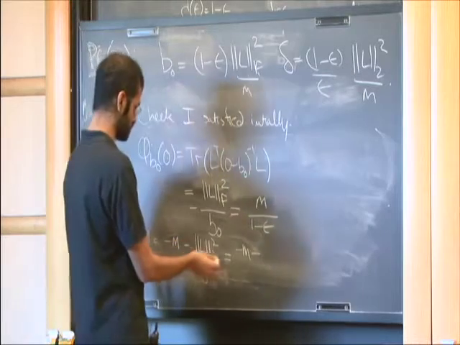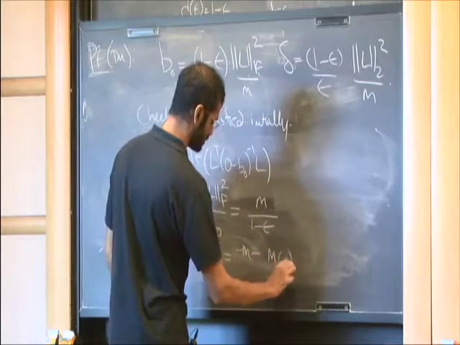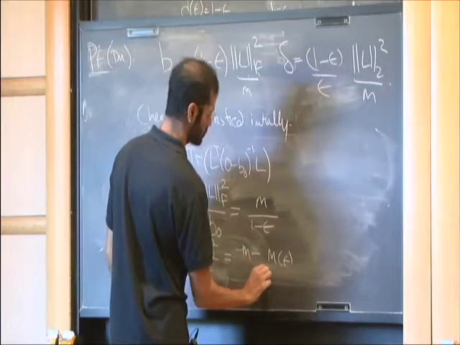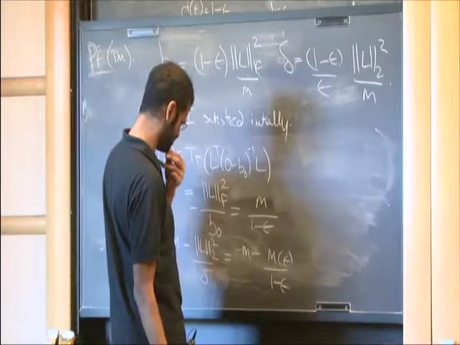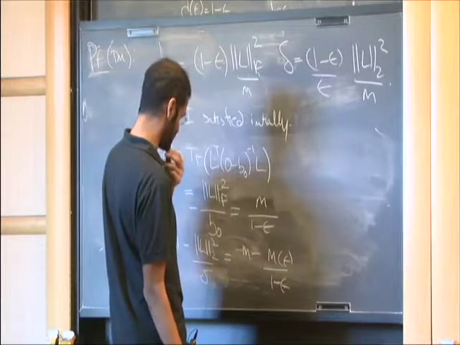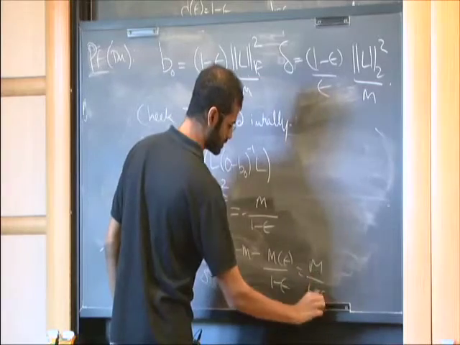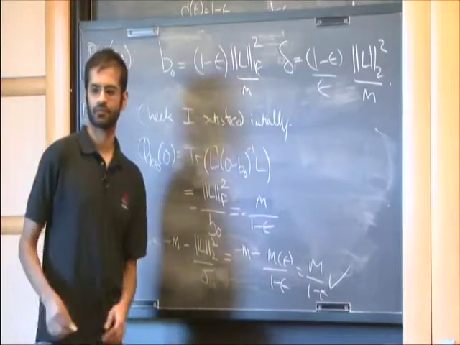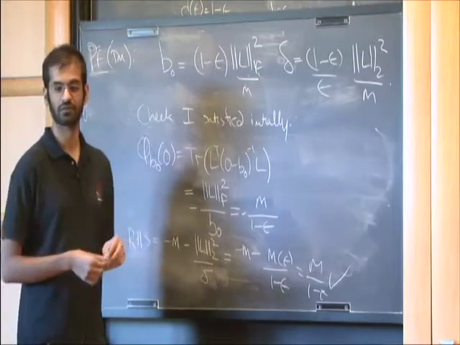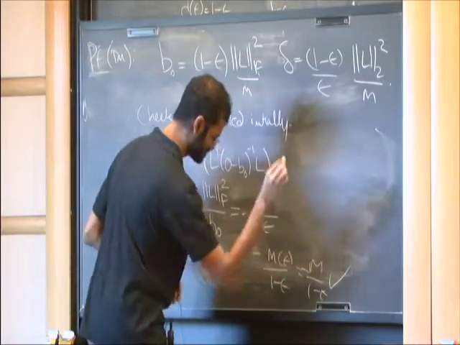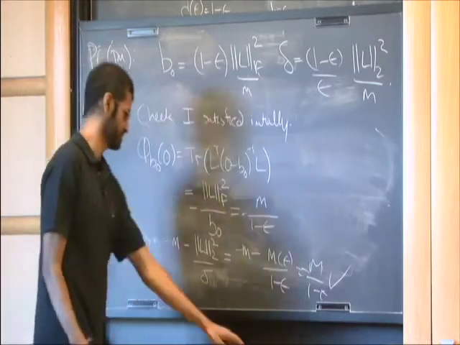And this thing is equal to minus m epsilon over 1 minus epsilon. Yeah, this is negative. And this thing is also equal to m over 1 minus epsilon. I just plugged it in. Everything's minus. Okay, so that means 1 is satisfied.